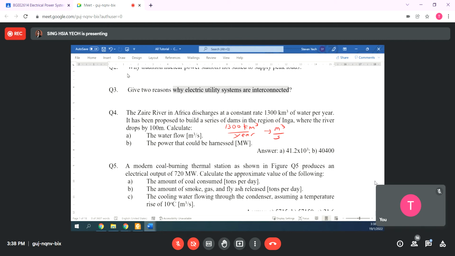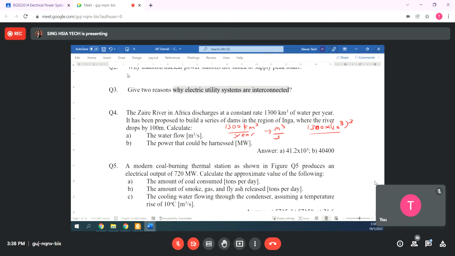How to change? So it should be 1,300 times 10 to the power of 3, over 10 to the power 3. Because of cube, then you need to have another 3 outside, is it? I think so.